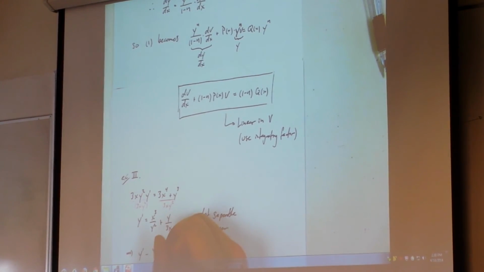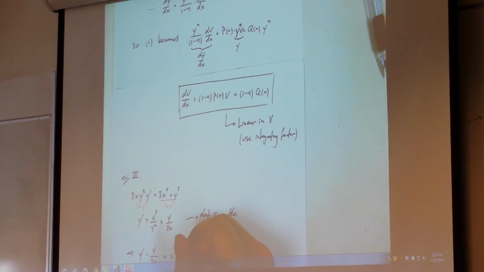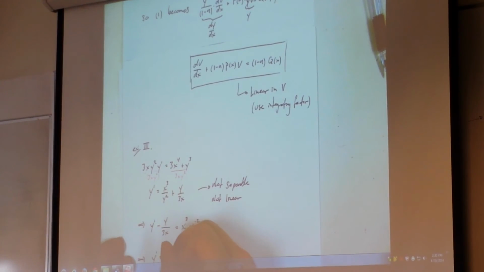Minus y over 3x equals x cubed y to the negative 2. Okay. Now, we're close to recognizing this. Y prime minus 1 over 3x y to the first equals x cubed y to the negative 2.